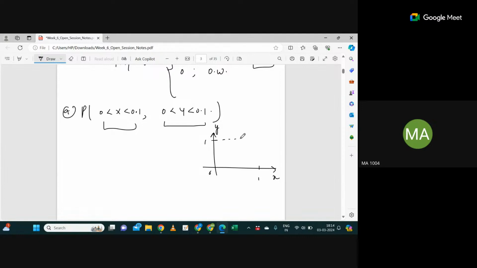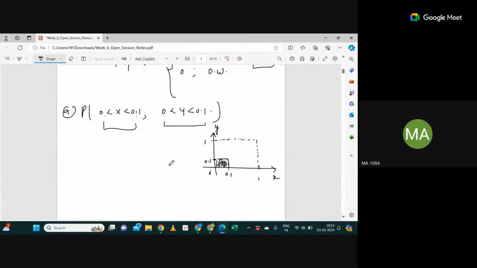That means this is the total support of my x and y. And we have to find x from 0 to 1 and y from 0 to 1. Suppose this is 0.1, then 0.1. That means I am interested in this region. Yes or no? Yes, sir.